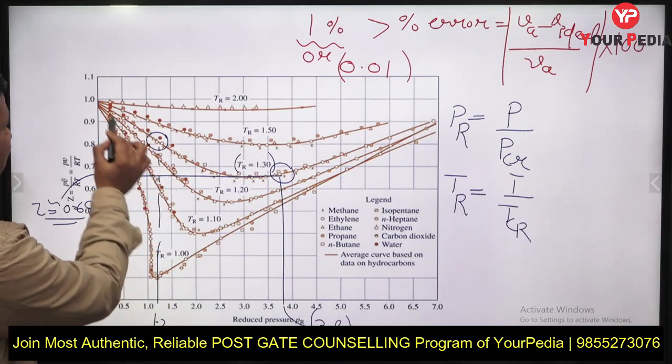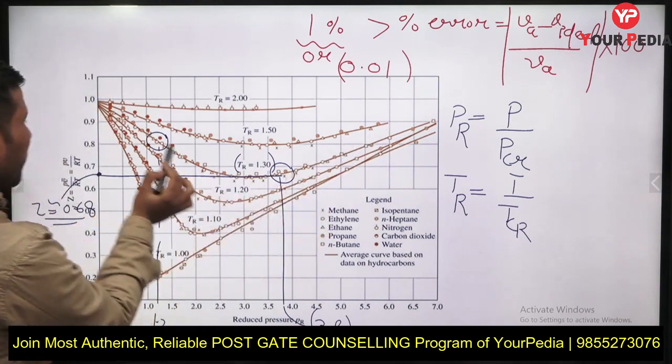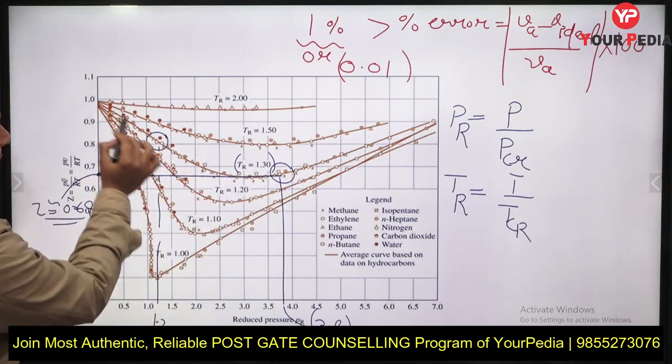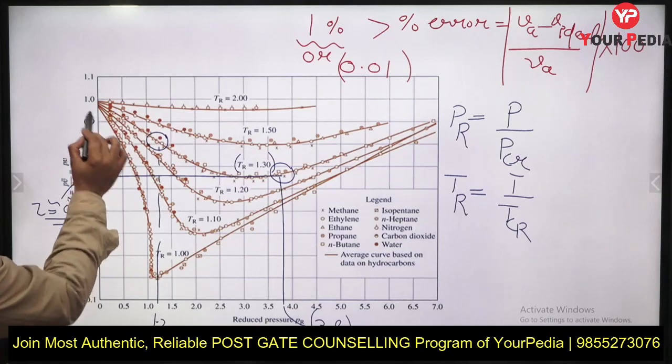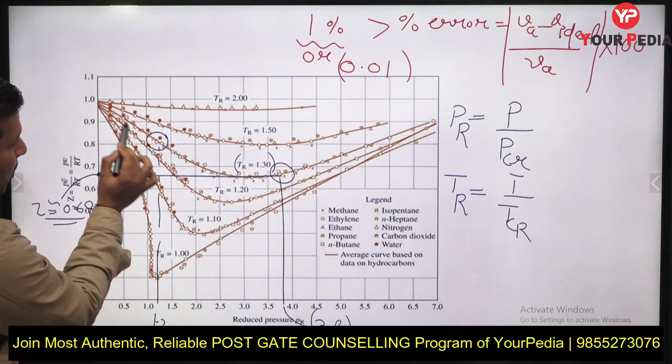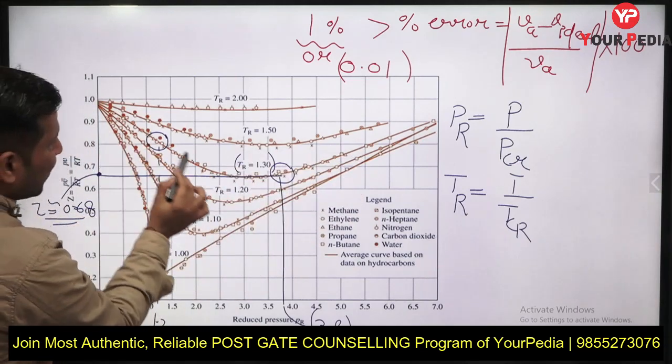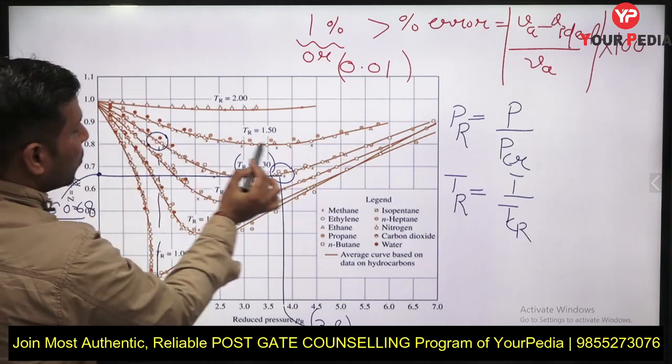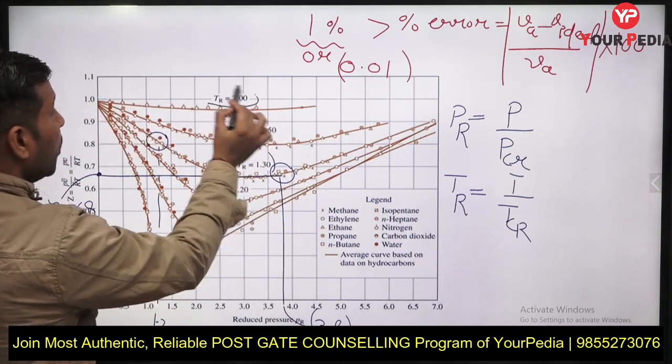What is the reduced temperature here, guys? This is the reduced temperature line, same 1.3. These are the different reduced temperature lines, guys. This is reduced temperature 1, this is 1.1, this is 1.2, this is 1.3, then 1.5, and reduced temperature 2.